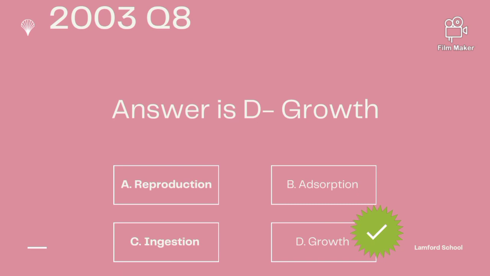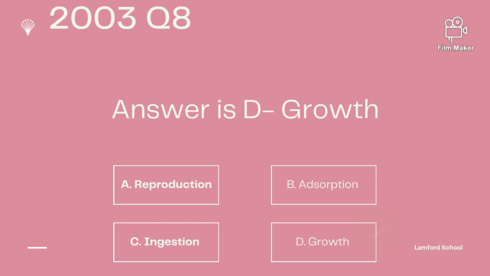An increase in dry weight signifies the accumulation of organic matter within the organism, which reflects growth. Reproduction, which is option A, is the act of producing young ones of the same kind, while ingestion is the act of taking in food or swallowing food.